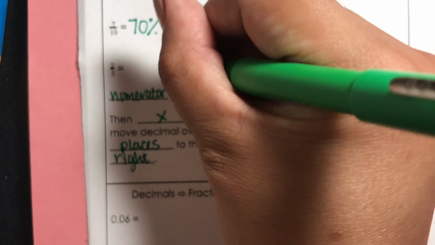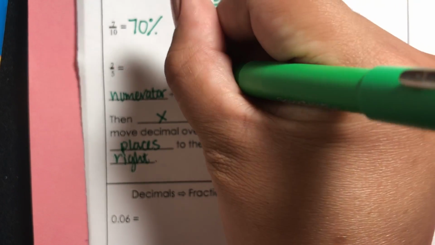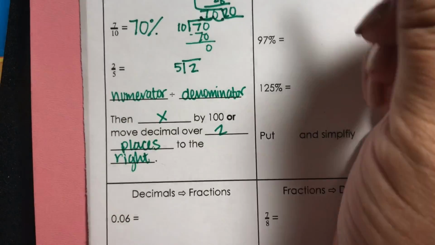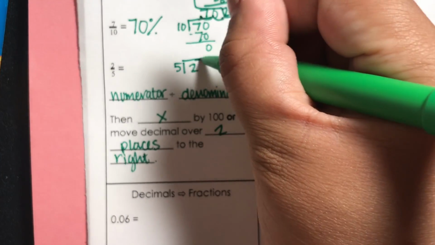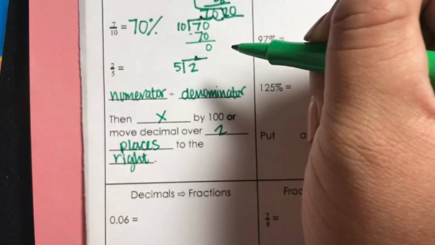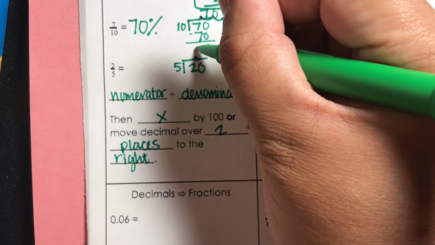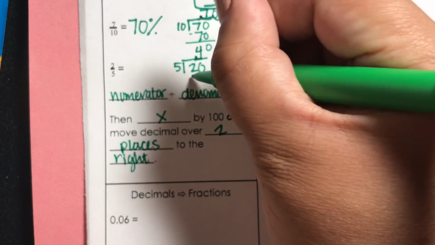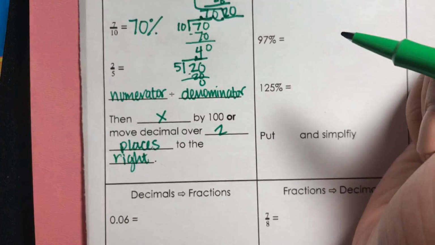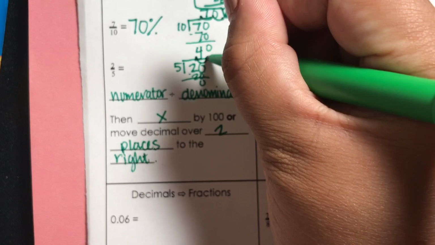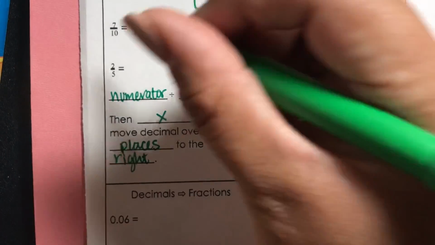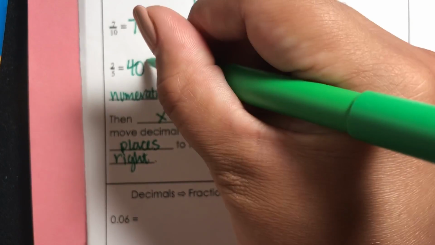So I'm going to show you really quick. If you divide the numerator by the denominator, it's 5 into 2. Obviously can't put 5 into 2, so it's going to be a decimal. Add a 0, 5 goes in 20, 4 times, 5 times 4 is 20, so it is evenly divided. Then you move the decimal over twice, add a 0, so it is 40%.